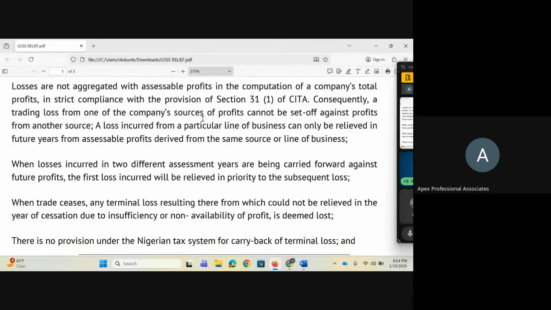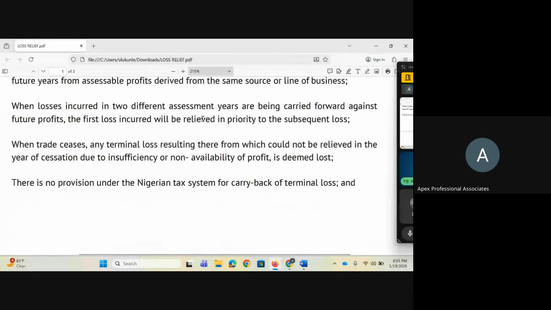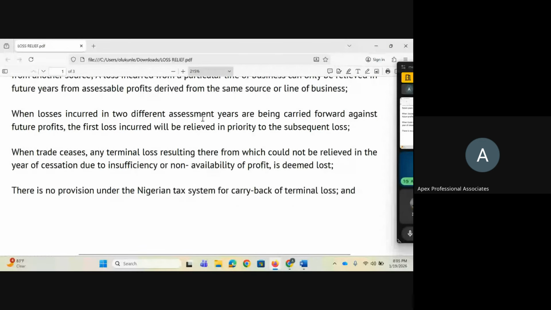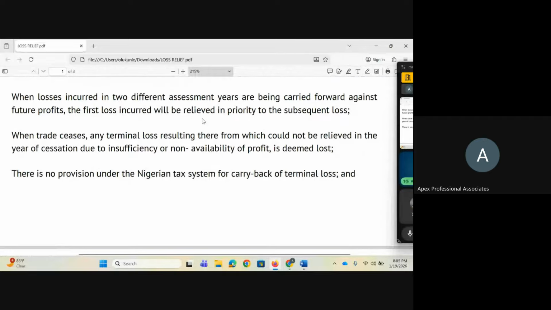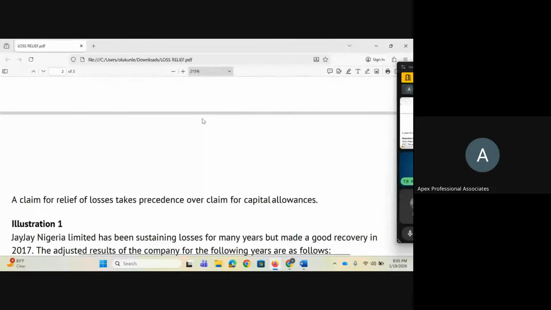The next one is that terminal losses, that's the loss made in the year of cessation, or any unrelieved loss in the year of cessation, cannot be taken backward. Any loss that you've not recouped or relieved before the company ceases, once the company ceases operation, it has gone.